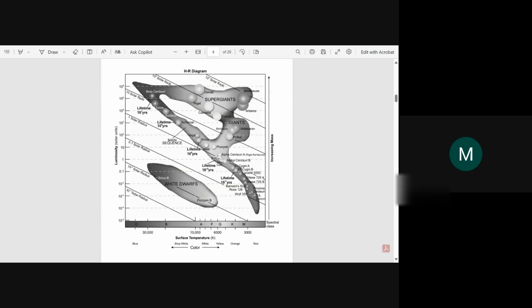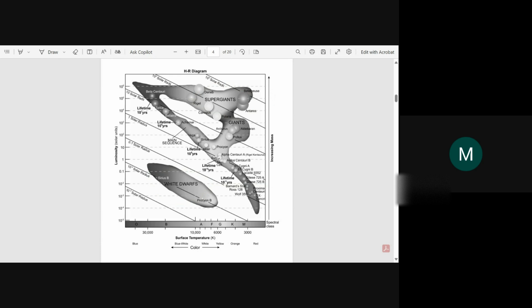At the same time, on the y-axis on the left-hand side, you have the luminosity. Luminosity refers to the brightness of the stars, and it's labeled in solar units.